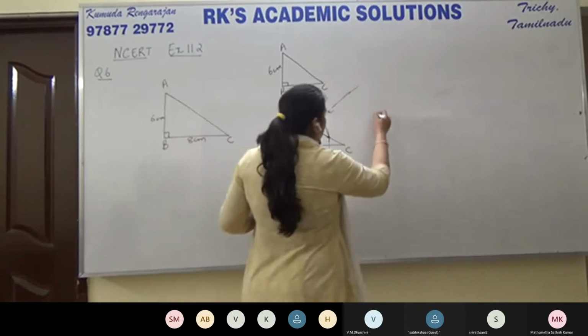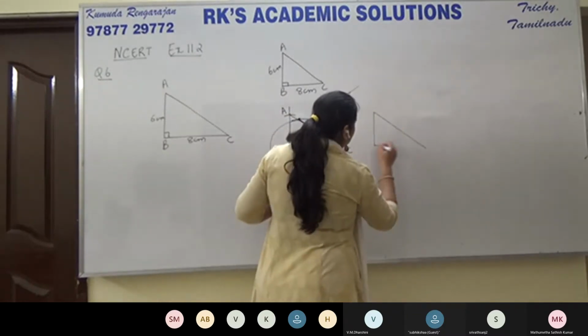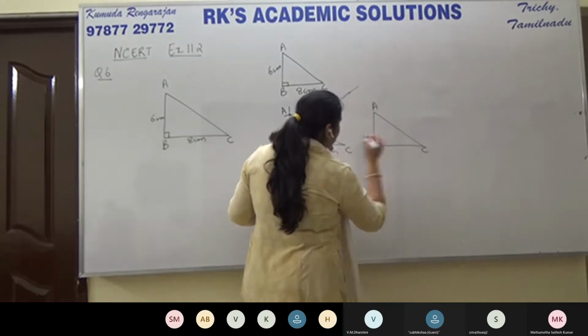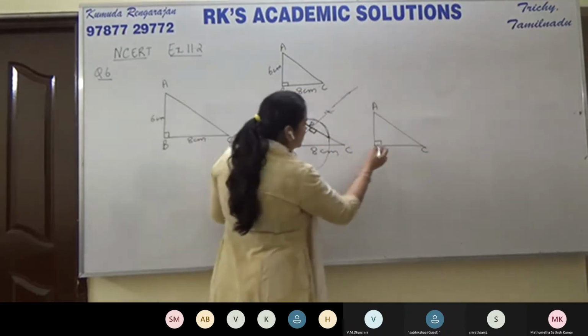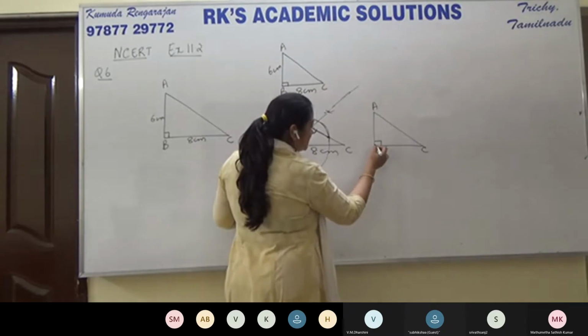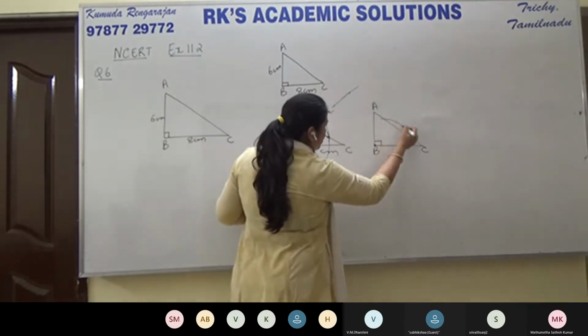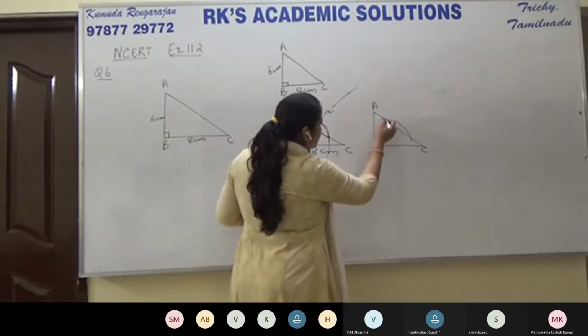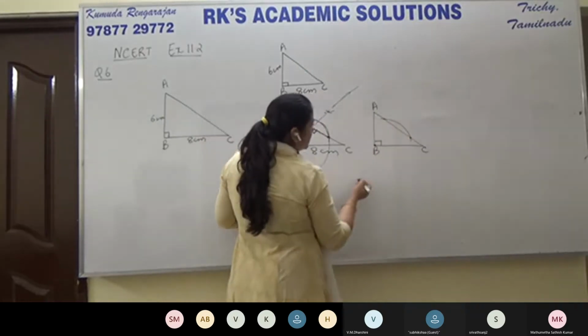So what did we do? After constructing the triangle ABC, right angled at B, with B as center and sufficient radius, we draw an arc on AC so that it cuts AC at 2 different points.